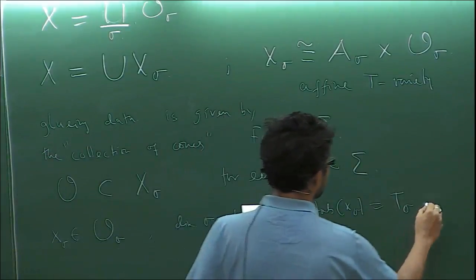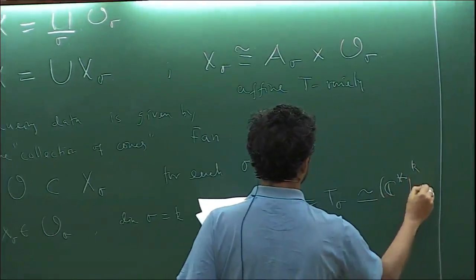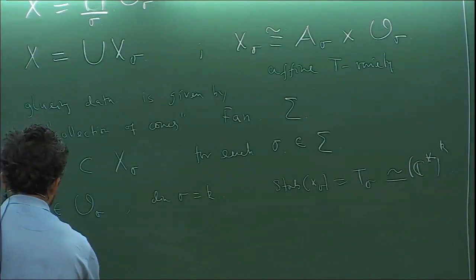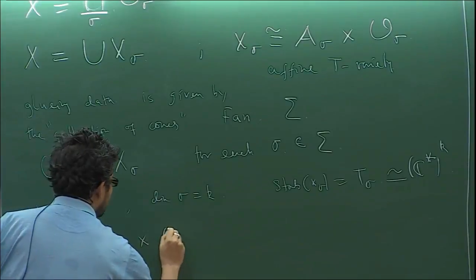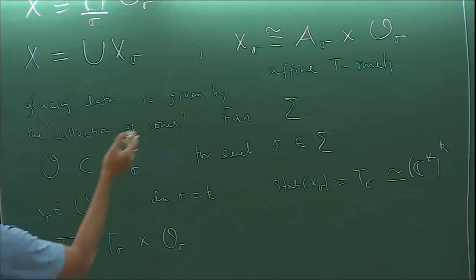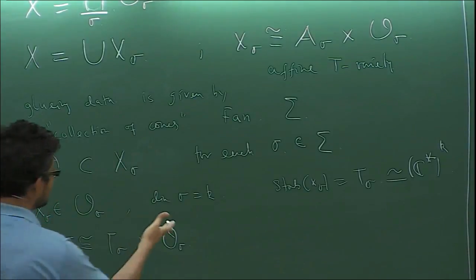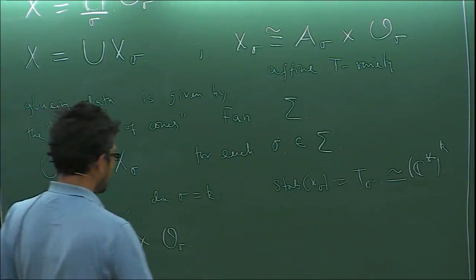This T sigma is isomorphic to C star to the k. With this identification, you can identify T with T sigma cross O sigma, because O sigma is T mod T sigma.